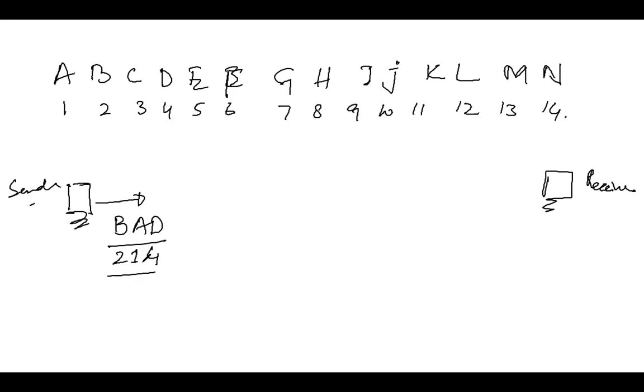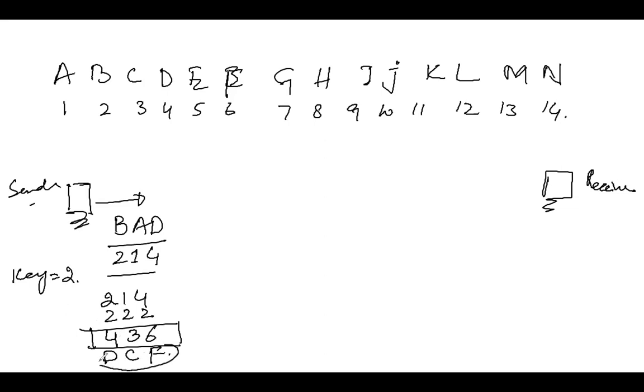And then onward, if we use a key, that is, the key is 2, for example. Here the key is 2, so you will do the addition of 2, 2, 2, and over here you will get 4, 3, and 6. So if you send 4, 3, and 6, then the word that you will get after this will be D, C, and F. So DCF is totally different from BED.